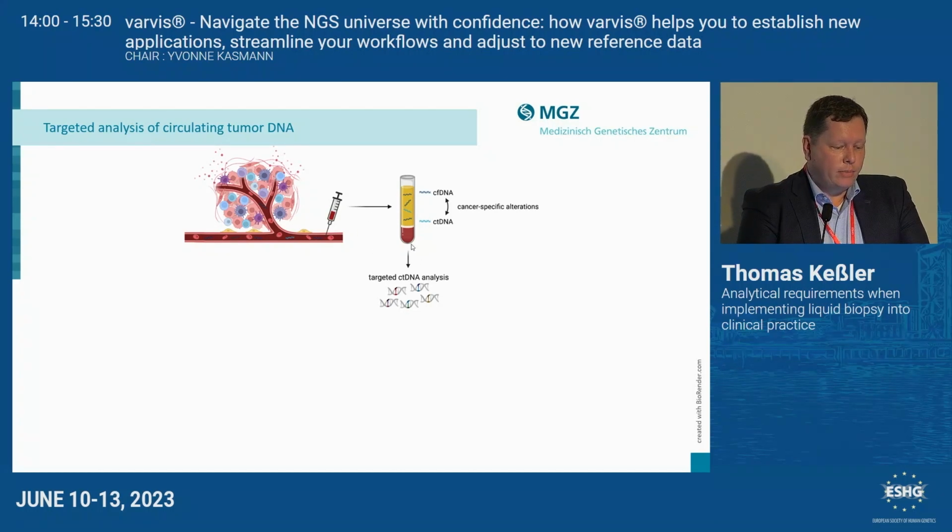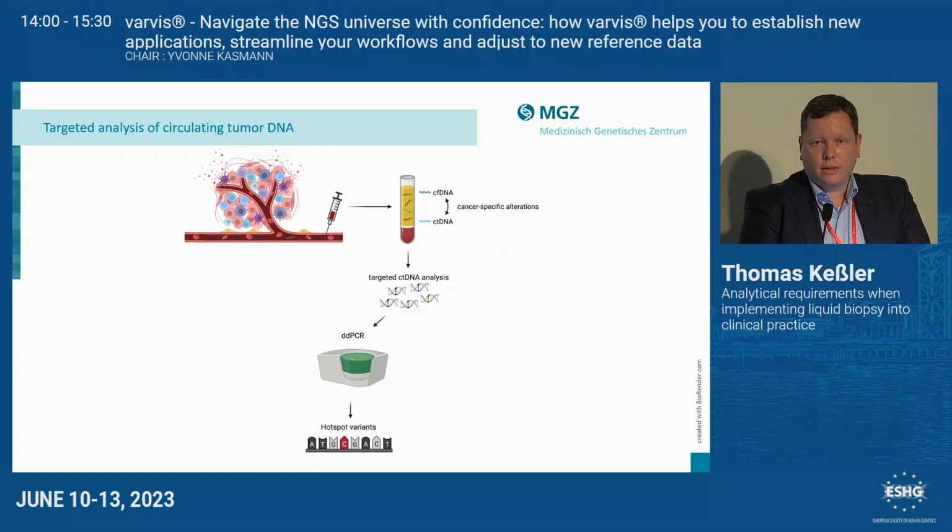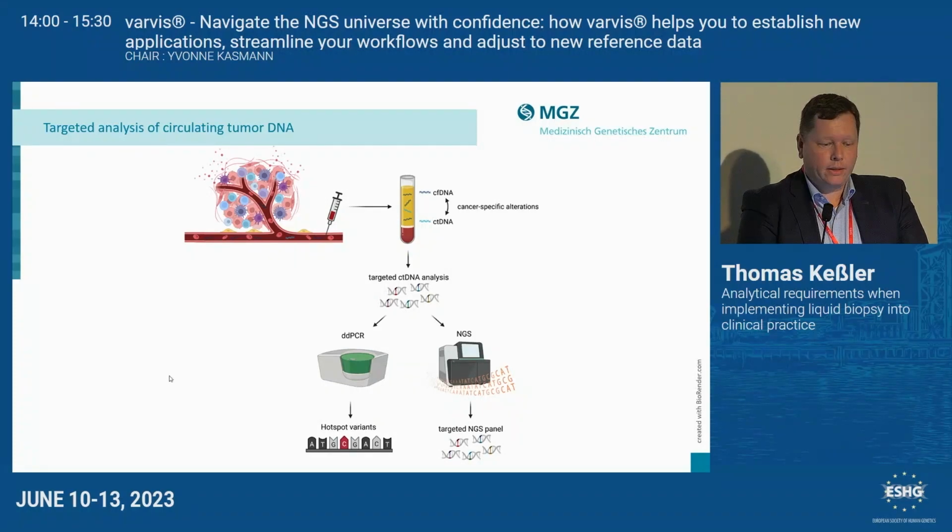And you can do this basically using targeted ctDNA analysis approaches. Either you can use a highly specific and cost-effective ddPCR method that detects single variants in a PCR reaction, or you can take an NGS approach where you use a targeted NGS panel and try to identify tumor-relevant variants in the NGS assay.